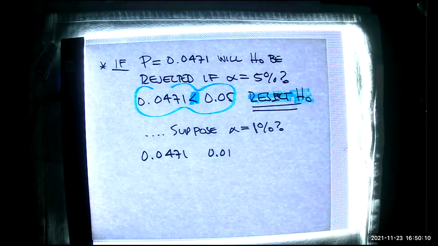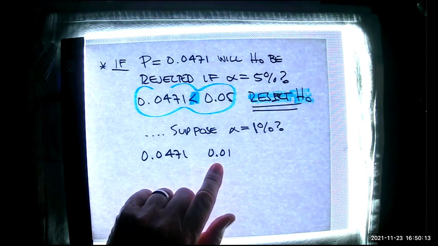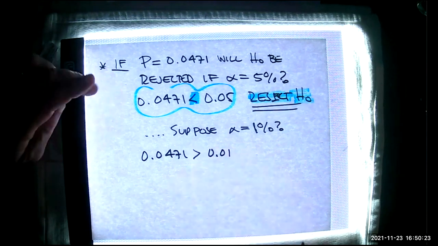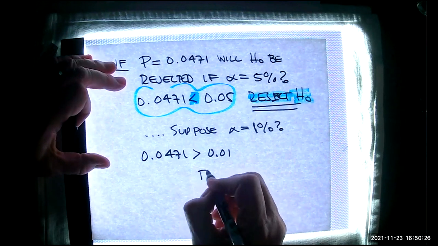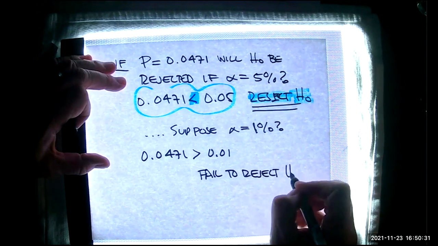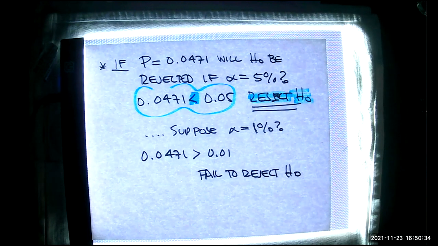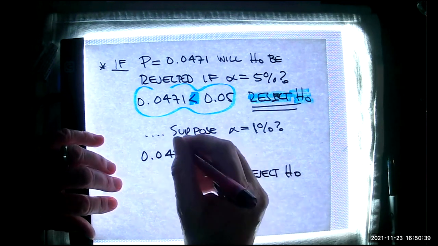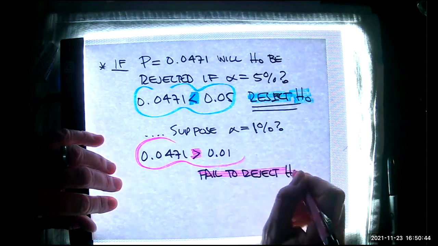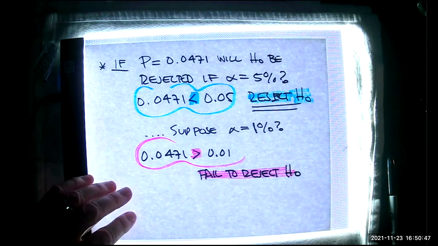In this case, because we've changed the level of significance, which, by the way, we are entitled to do because the researcher is the person that decides this, it's not a math question, we will fail to reject the null hypothesis. The jury has come back with a not guilty verdict. All of that is because my p-value was larger than my alpha.